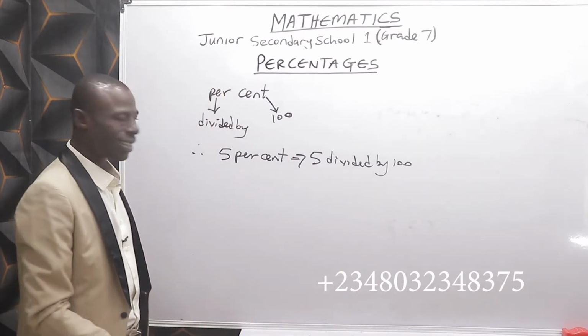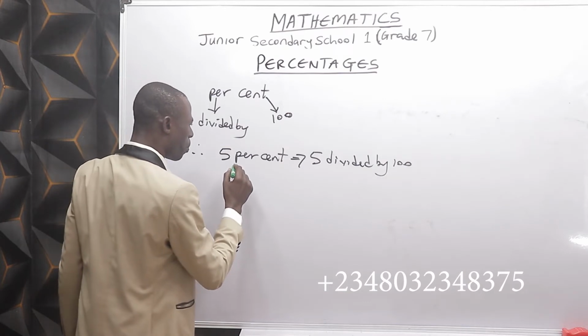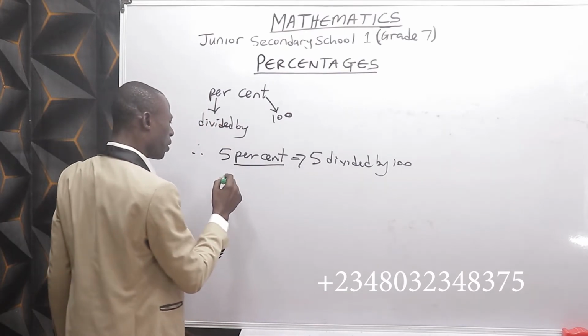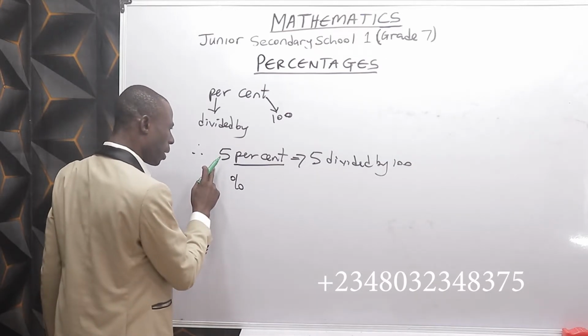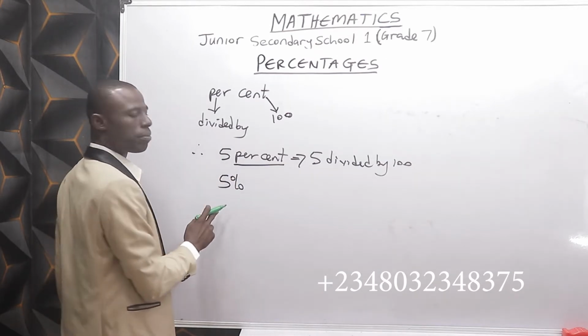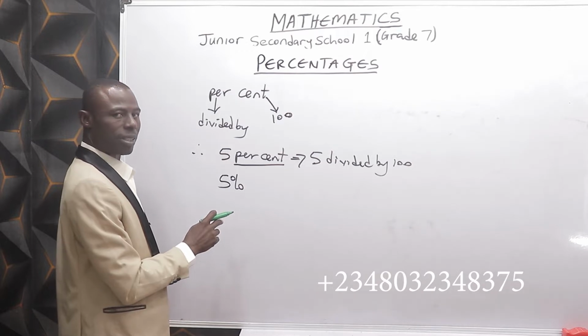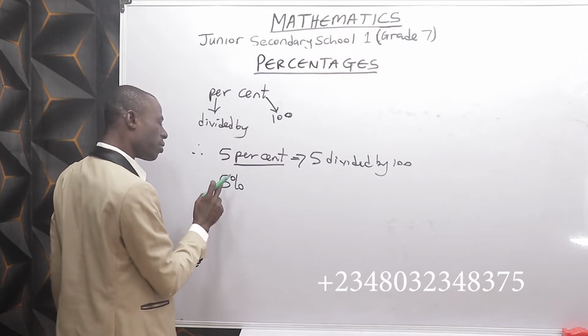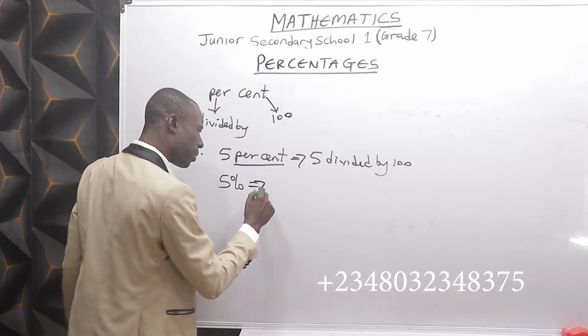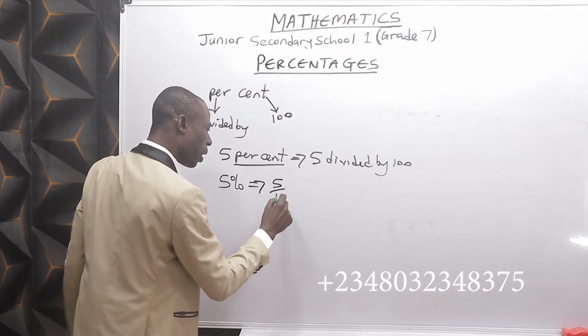Do we understand? This percent can be rewritten as this symbol, which makes this 5%. Wherever you see 5 with this symbol, it means 5 divided by 100.